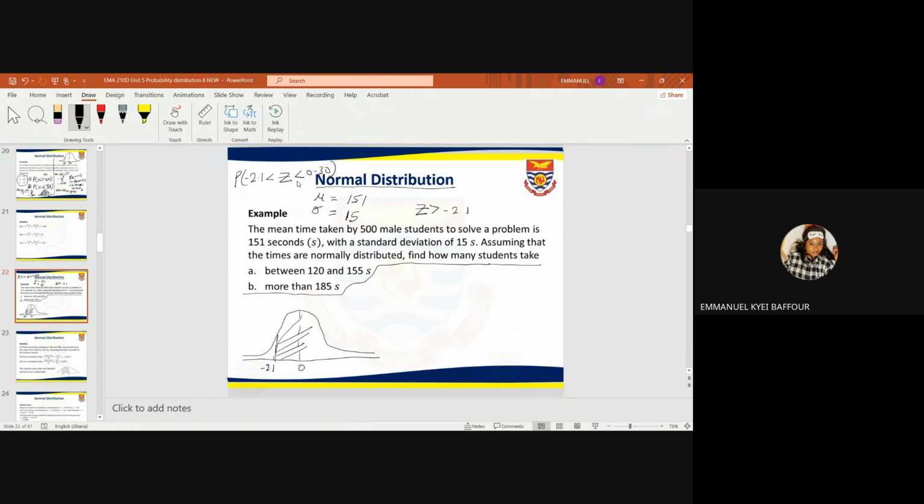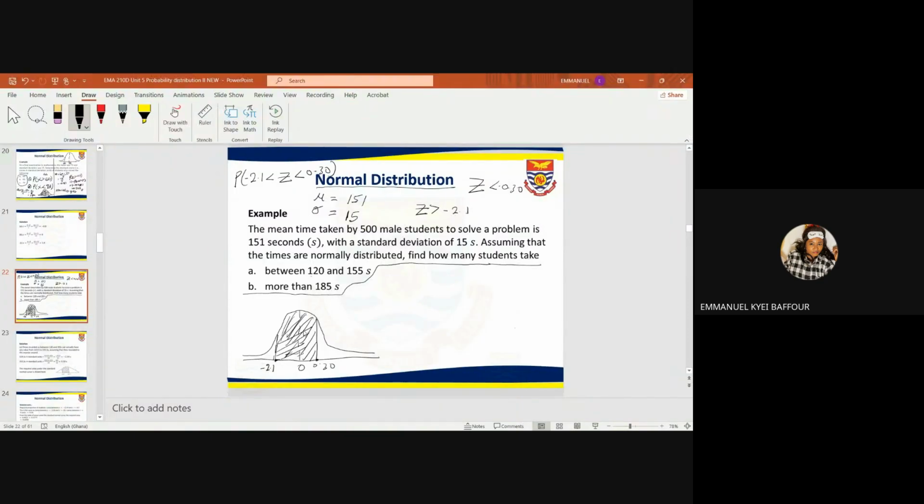Now, this also means that Z is less than 0.30. So assuming this is our 0.30, then to this side will be the less than aspect. So it means that the probability that we are looking for is falling between this point and then this point.